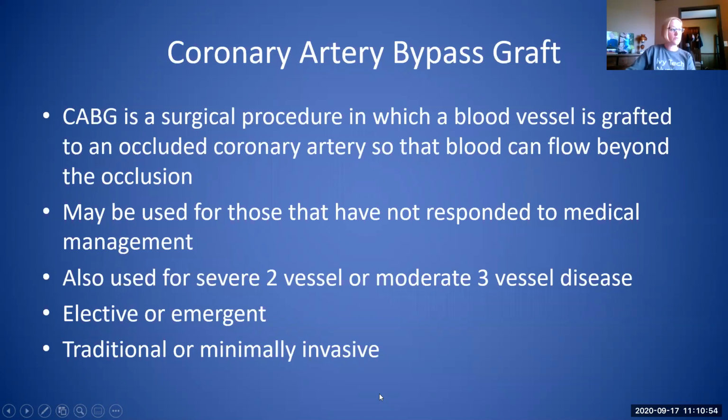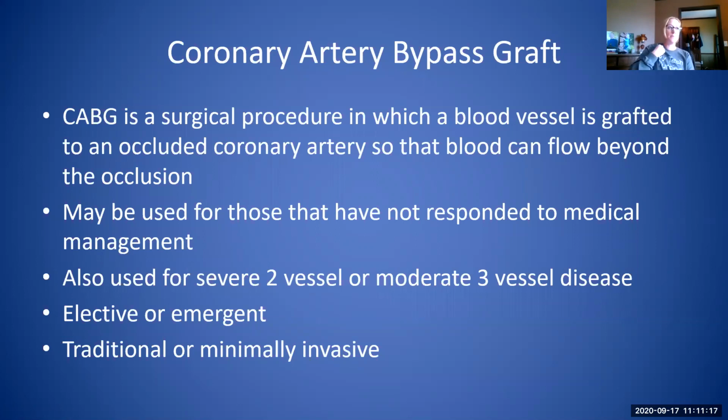So elective would be if they've been having stable angina, or they had a stress test that showed some blockages. They're going to go in, do a heart cath, and then, oh yeah, you do have some blockages. Nothing's 100% blocked yet, but we need to schedule you for a bypass.